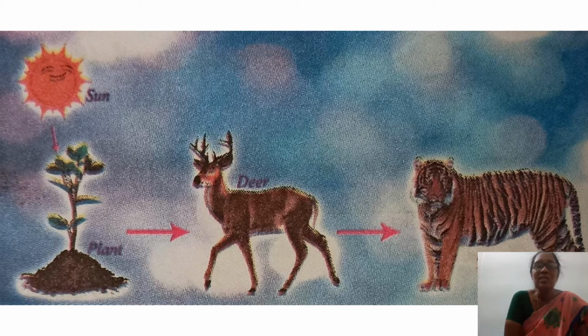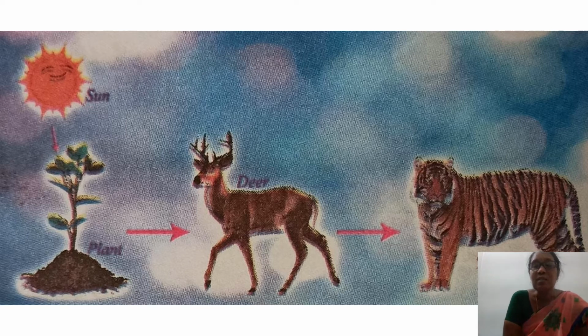Right? Next point. What happens in the food chain? In the form of food. What is food? We get energy from food, right? In the form of food, energy is transferred from one organism to another organism. From plants to deer, from deer to tiger.